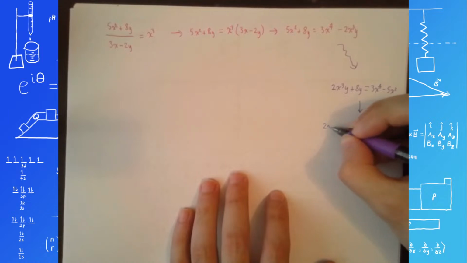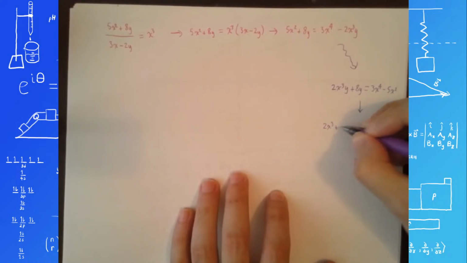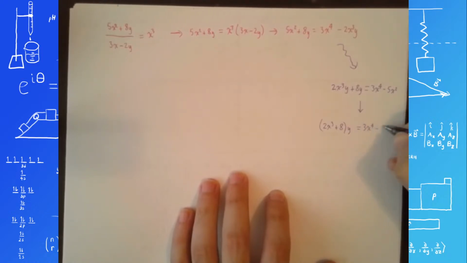You've got 2x cubed plus 8 all times y equals 3x to the fourth minus 5x squared. Divide, and you get y equals 3x to the fourth minus 5x squared over 2x cubed plus 8.